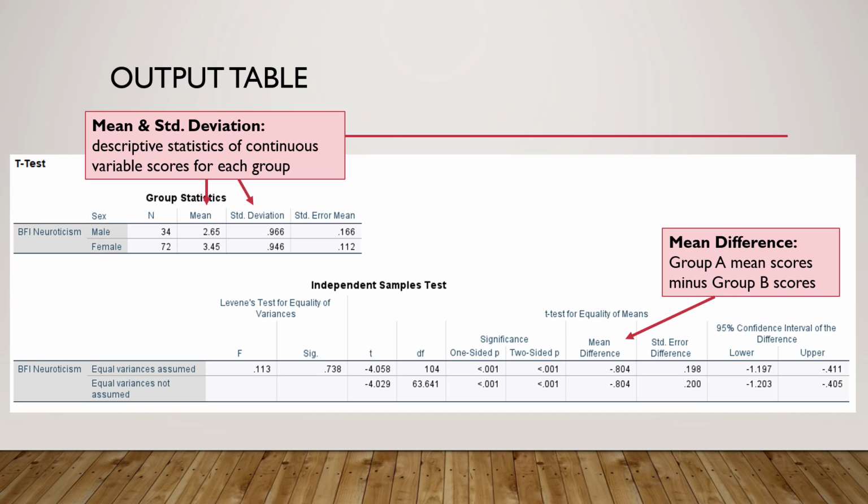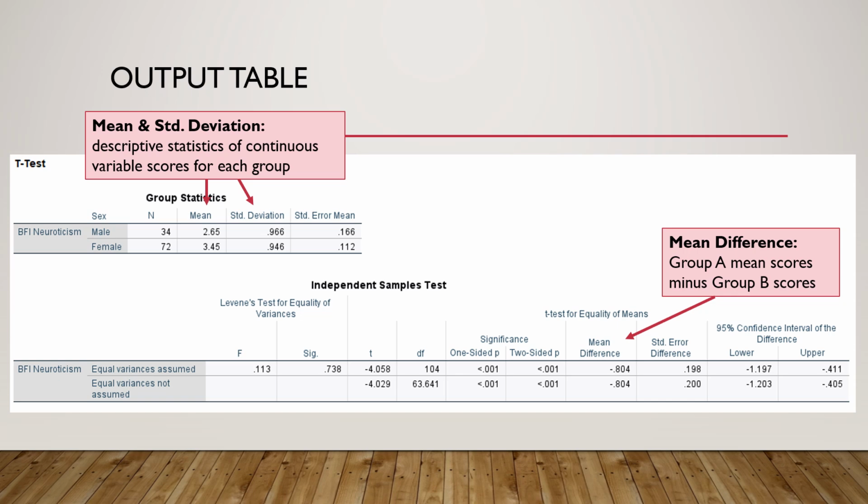So the male score minus the female score, which is why you have a negative number there. If we had switched up the order and put females as the first group and males as the second group, then it would be a positive number because we'd taken 3.45 minus 2.65, positive 0.8. But the mean difference will always be the same absolute value. But keep an eye on the negatives because it informs the order of your groups for this t-test.